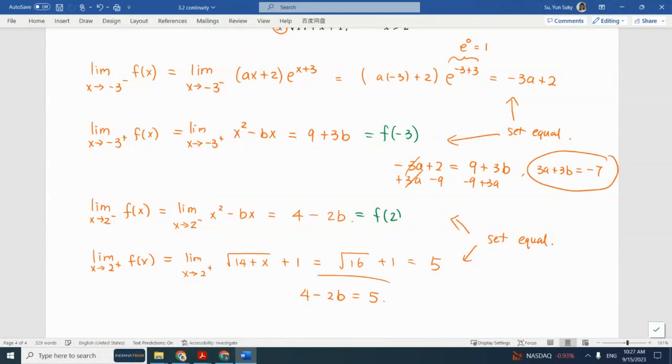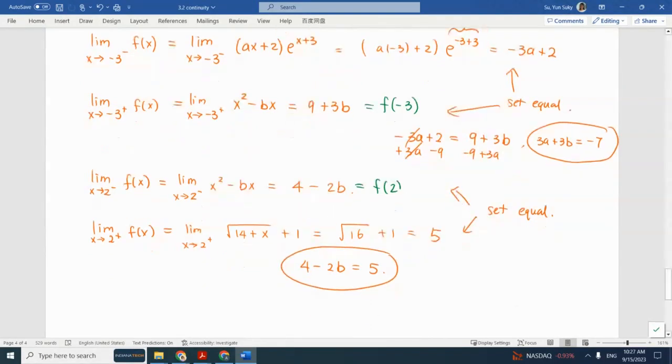So here, what do you do on the two sides? How do you solve for b? Move 5 over to the left, so you subtract 5. And then, what do you do? Plus the 2b.